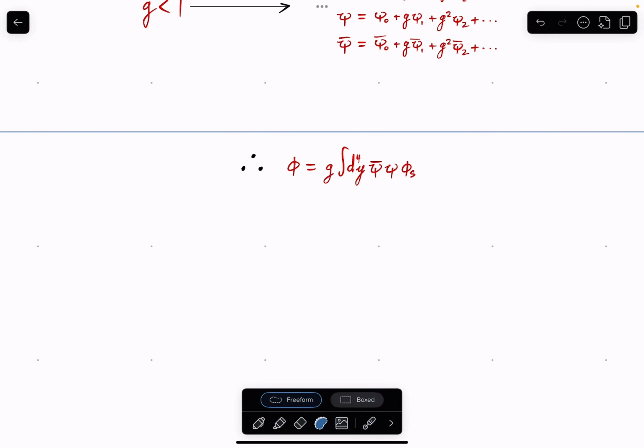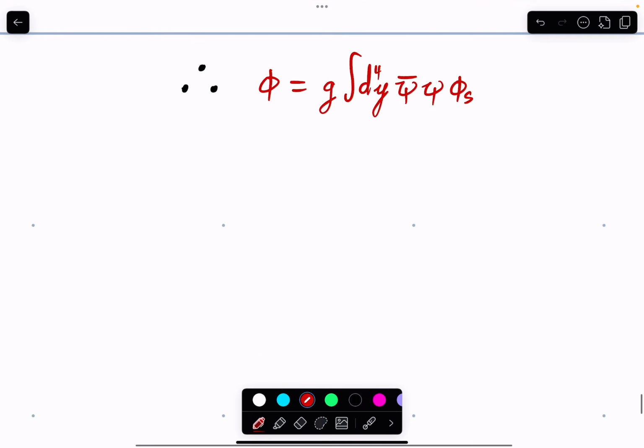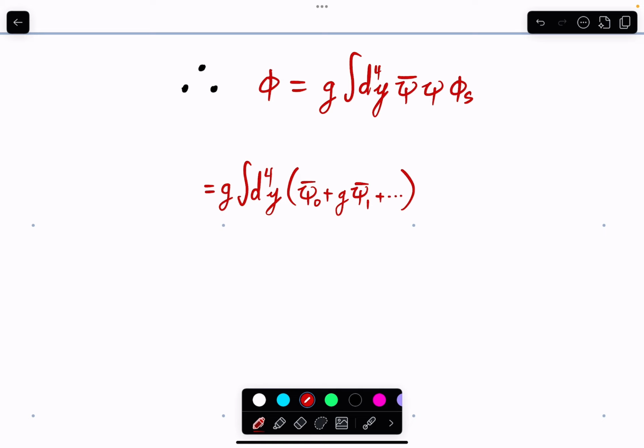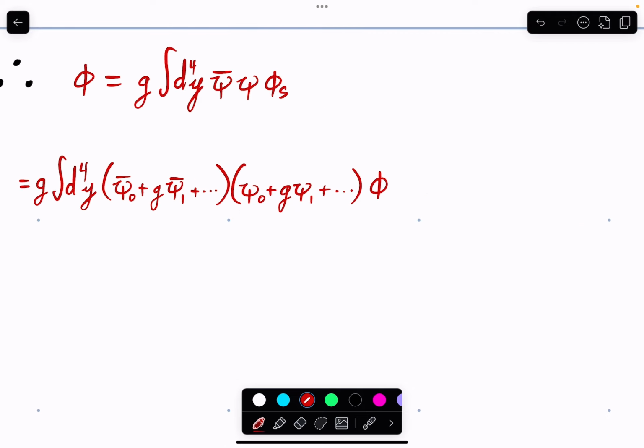So we get this, which is equal to G integral this, and we get psi bar naught plus G psi bar 1. I'm only going to include two terms because you don't need more than that to show how this works. Otherwise the multiplications start getting pretty complicated.